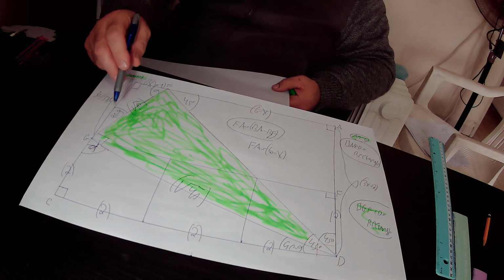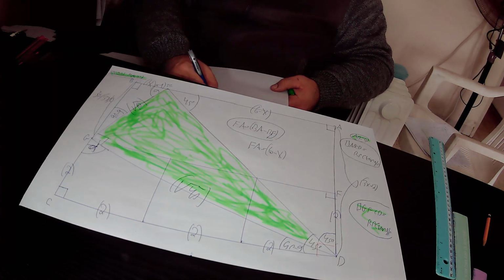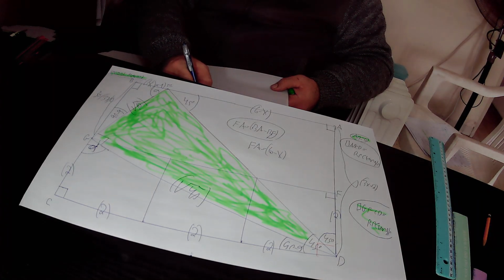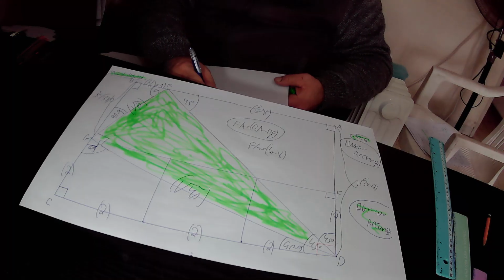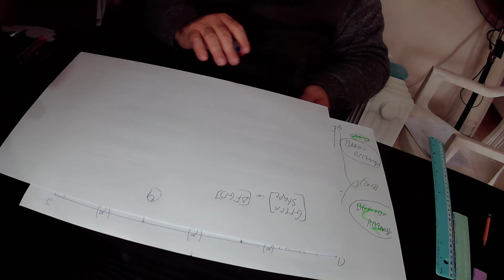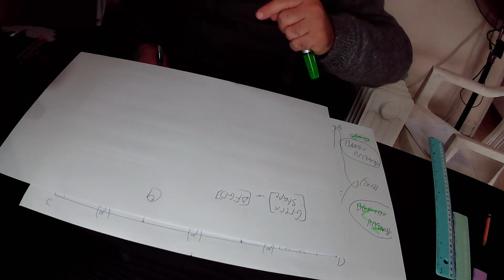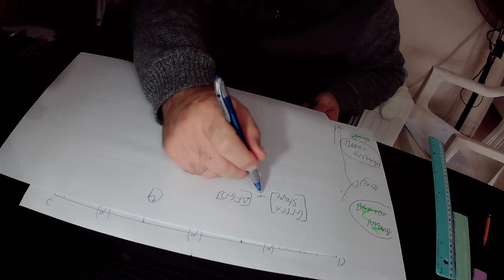So the task is to find out the area of this green right triangle FGD. Repeat again: because the green shape is the green right triangle FGD, our task is to find out the area of the green right triangle GFD, or FGD.